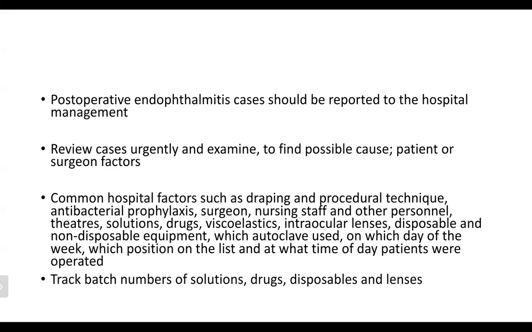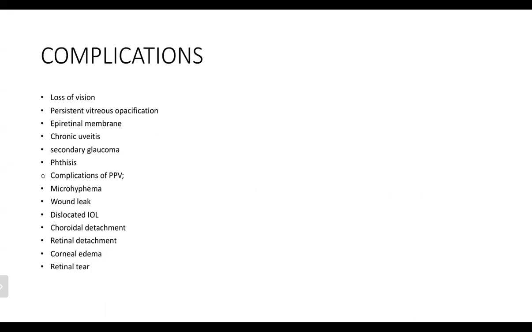And then other hospital factors like the theater, the autoclave or whatever sterilizing unit was used, the viscoelastics, the saline, the instruments, the gloves, and all the things that were used need to be cultured and checked. You need to know the batch of the consumables used.